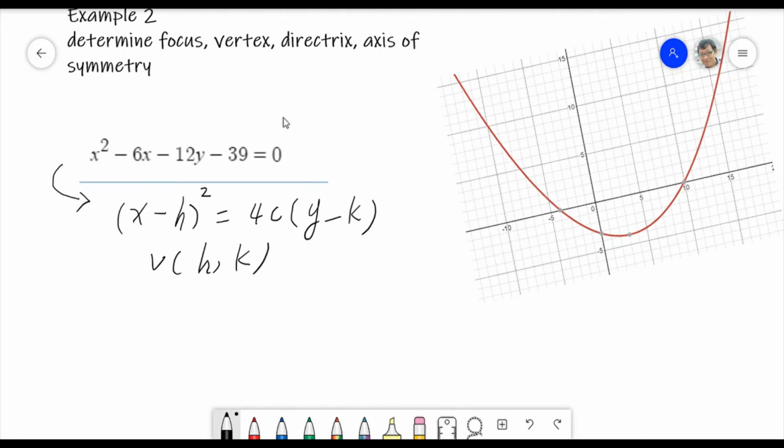Looking at this one, x squared minus 6x: if we add 9, we can make it a square, (x minus 3) squared, am I right? It's like the left side here. So if we plus 9, we should minus 9, right?